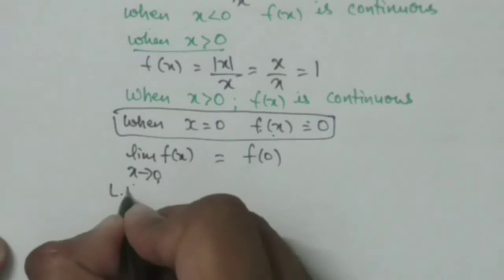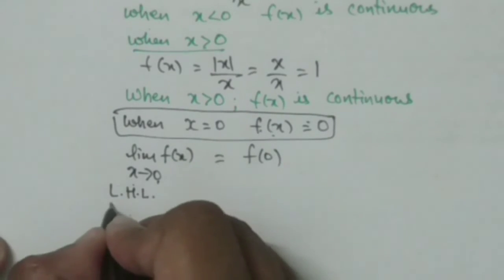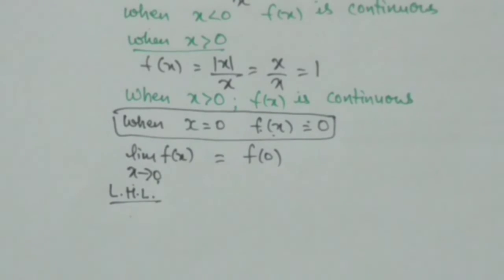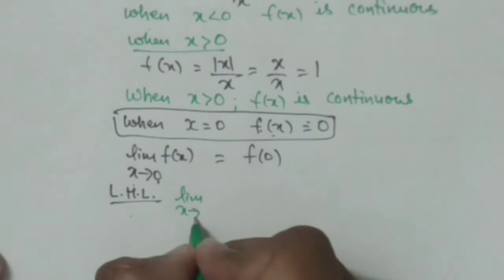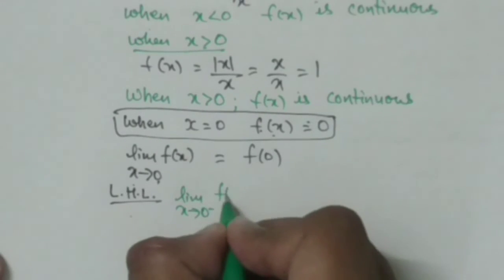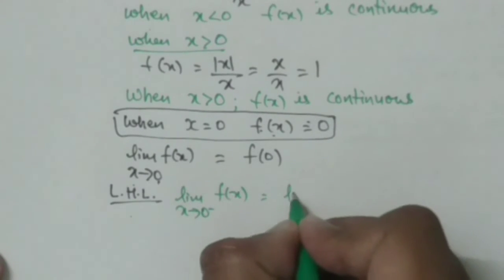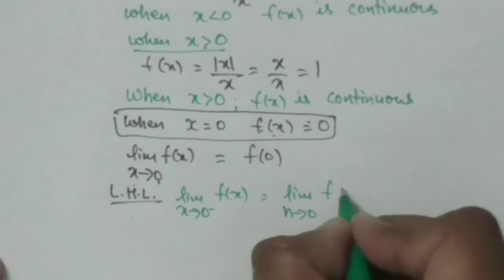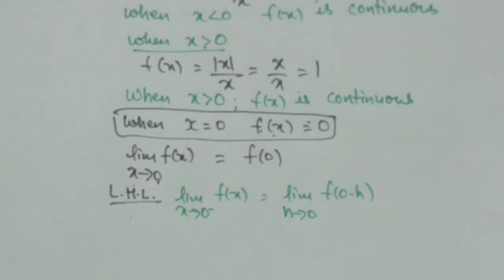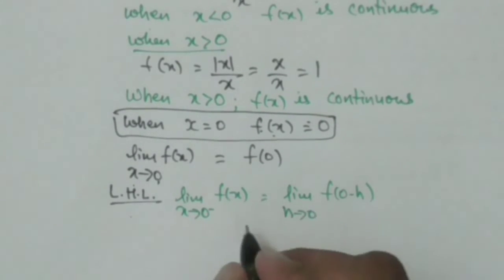So first of all, for that purpose I will find its left hand limit. So what is the left hand limit? Limit x tends to 0 minus f(x), and it is equal to limit h tends to 0 f(0 minus h). So when x is not equal to 0, f(x) is equal to what?